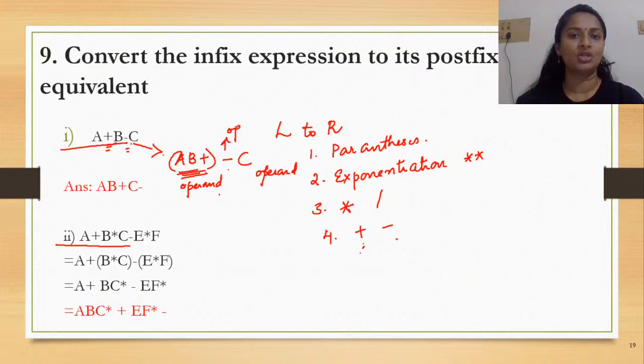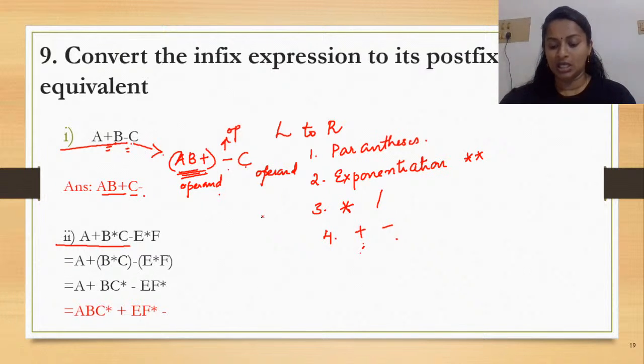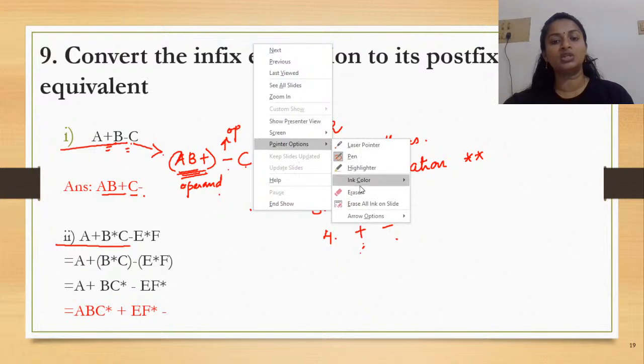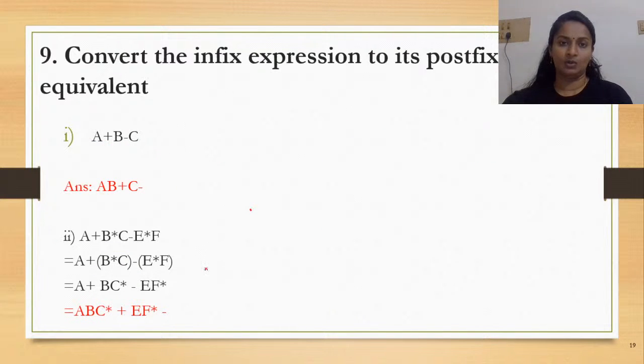Now, it is very easy to convert it to its postfix equivalent. How do you convert it? You first write the operands and then the operator after the operands. So, first operand is AB plus, followed by the second operand C, and then the operator, which is the minus sign. So this is how you convert a given infix expression to the postfix equivalent.